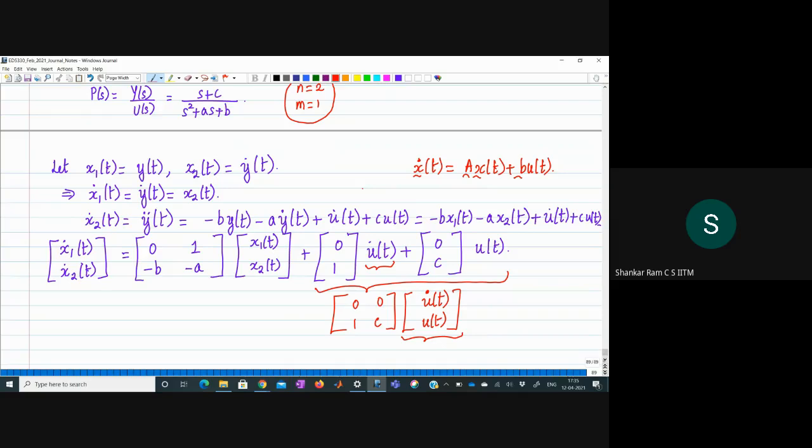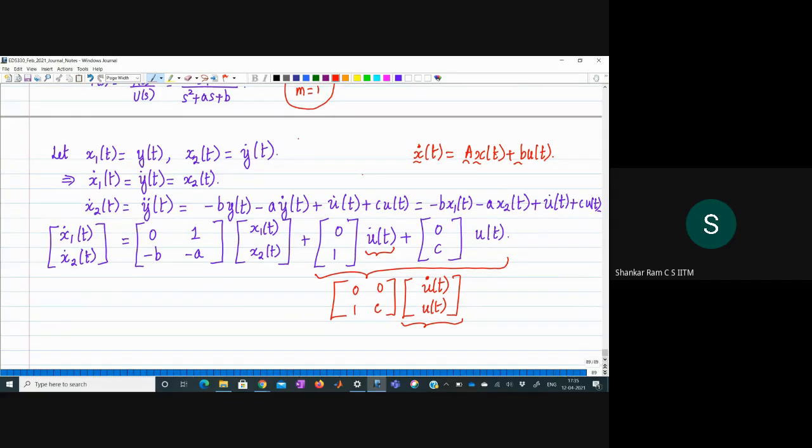So obviously, the choice of the state variables that we have made, so x1 equals y and x2 equals y dot, is not appropriate in this particular case. So what do we do, right? So in fact, this is an interesting problem, right? Because in the state space representation, one of the main challenges is to choose the state variables and select them so that we are able to express them in the state space representation and write the equations, right?